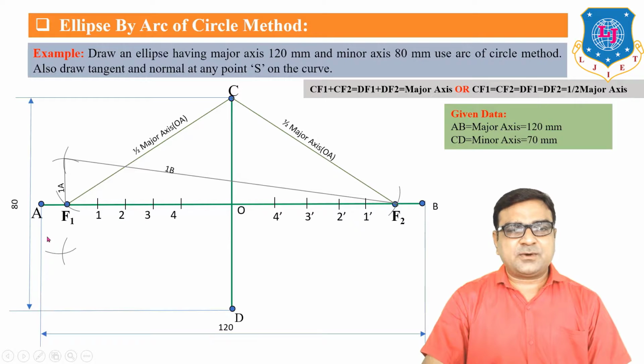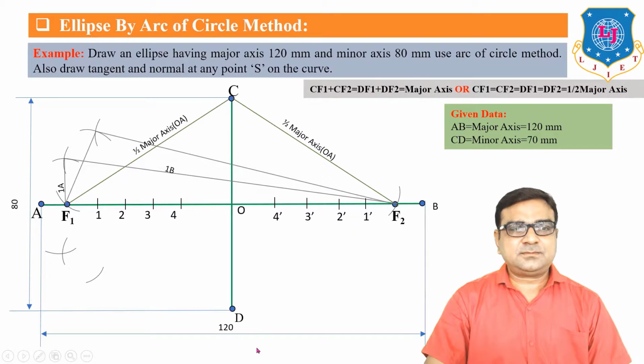Same procedure for A2 radius with F1 center, draw an arc, and 2B radius with F2 center, intersect that arc upper and lower. Same procedure for point 3, meaning A3 radius with F1 center, and 3B radius with F2 center, draw an arc.